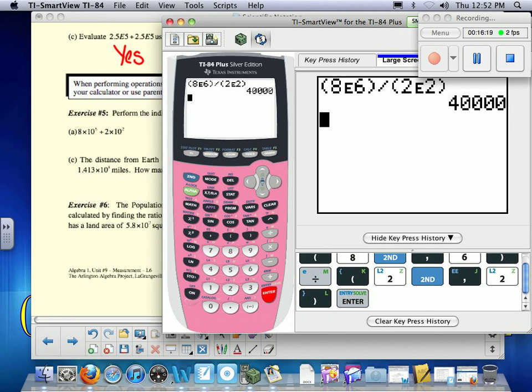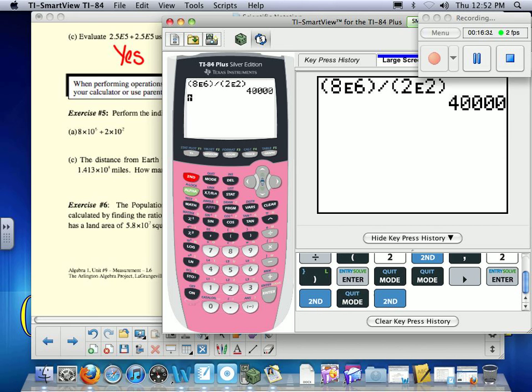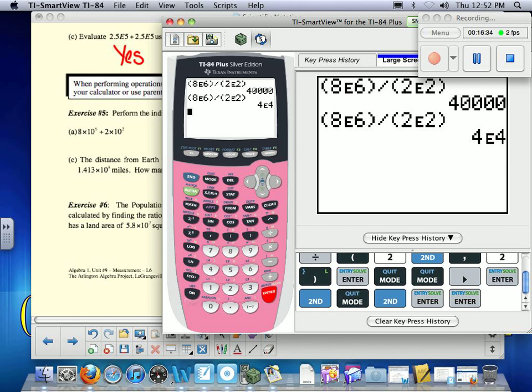And we want this in scientific notation, so I should have changed to scientific mode, and I didn't. But I can do that real quick. Will it switch your answer? It will if you press second enter. Yep, retype it.